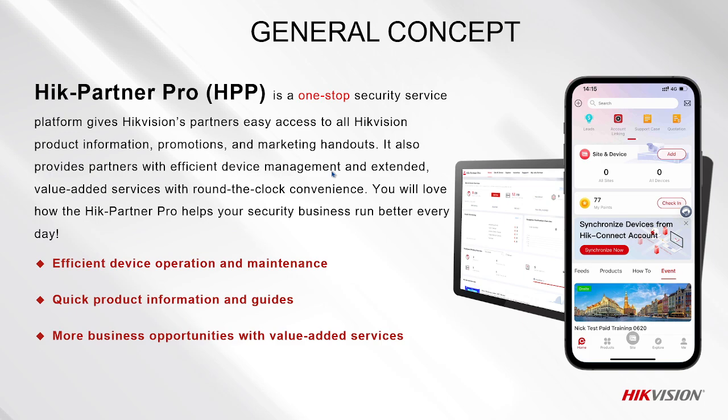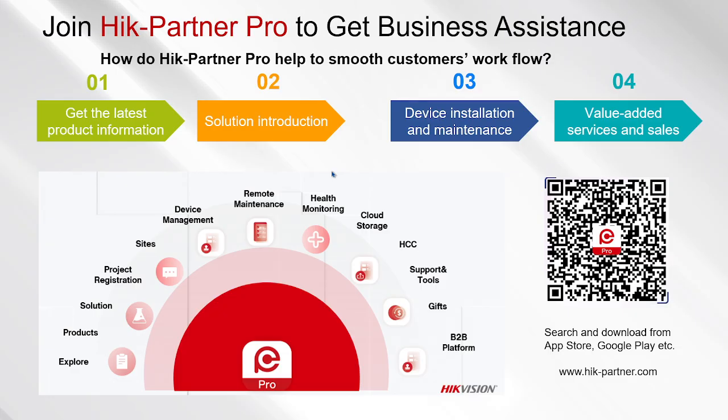So the general concept: HIK Partner Pro gives installers the ability to do so many things, like exploring the products and the solutions, doing device management, remote maintenance, health monitoring, and many other functions. Then we look at the products.